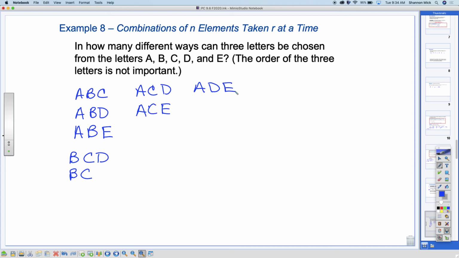Okay, so then I have B, C, D, B, C, E. Now B, C, A. Have I done that already? Yeah, A, C, B. I have A, B, C, right? So that's done. Do I have a B, D, E? No. Okay, so then C, D, E. Can I do anything else with that?